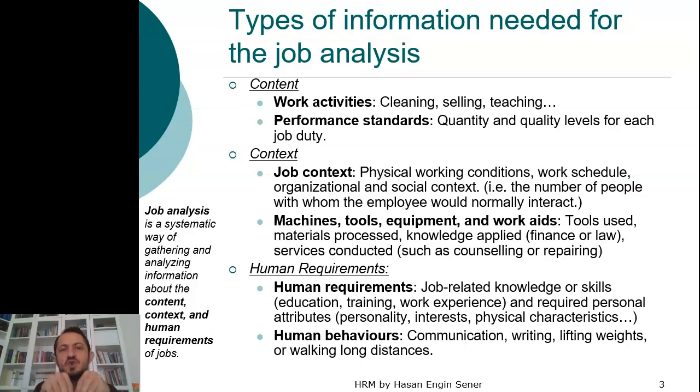What kind of human behaviors are you going to use while doing this job? Communication, writing. As you can see, all of those things are related to finding the best possible person to work in this job.